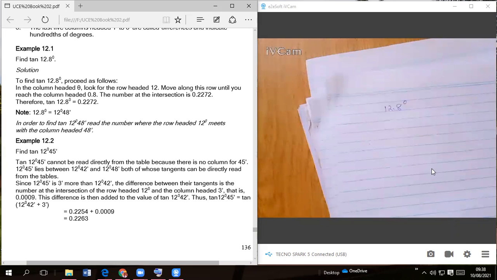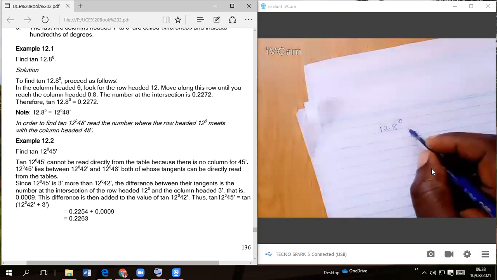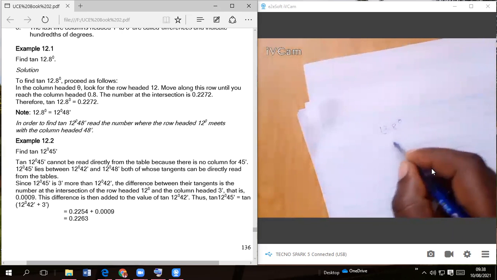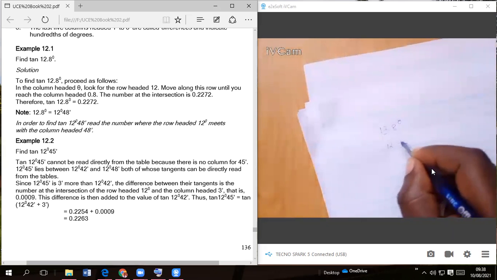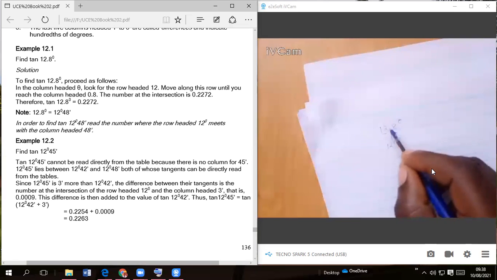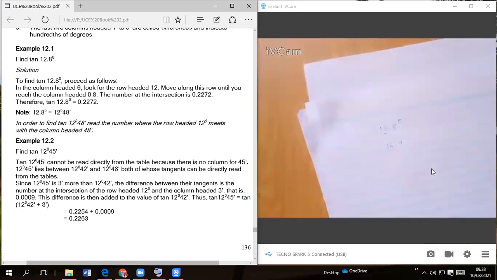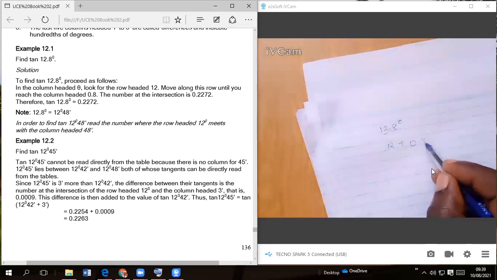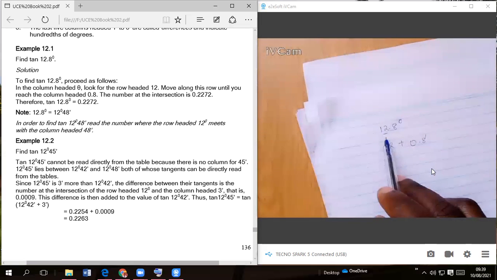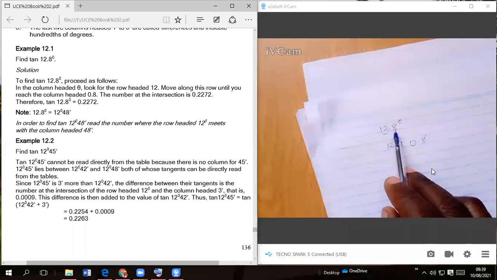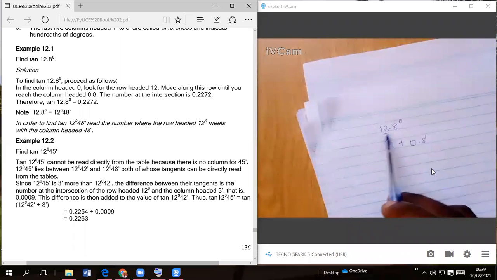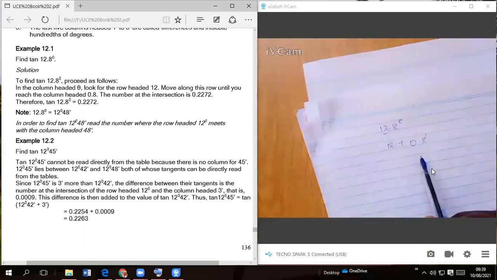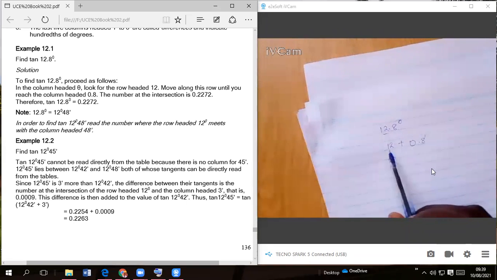So what you have to do there is, you know that this one here is 12 plus 0.8. We separate 12.8, we get the whole number alone and also the decimal alone. So the decimal is 0.8, but the whole number is 12.